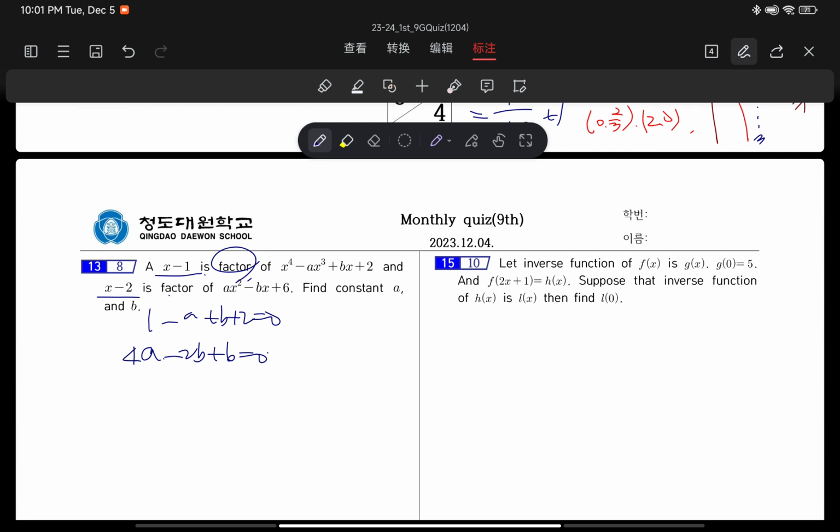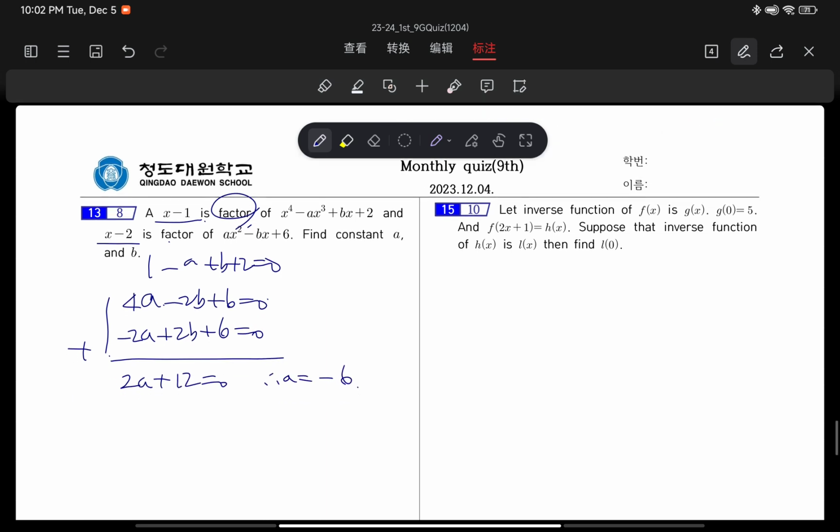So here is minus a plus b equal to 3 times 2, so minus 2a plus 2b plus 6 equal to 0, right? So add 2, the 2a plus 12 equal to 0, a equal to minus 6, and b equal to absolutely minus 9.